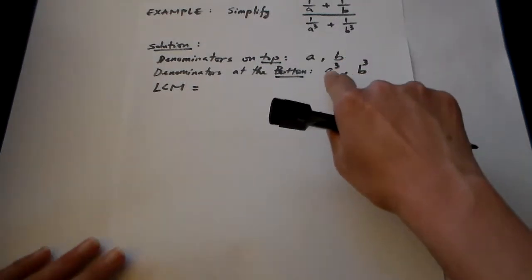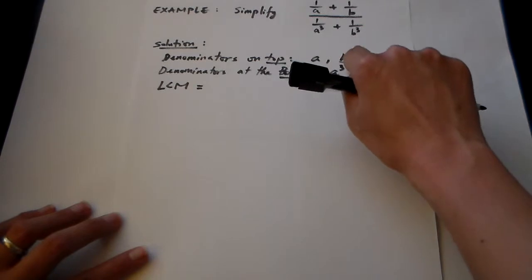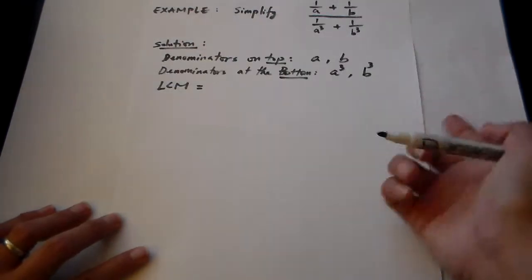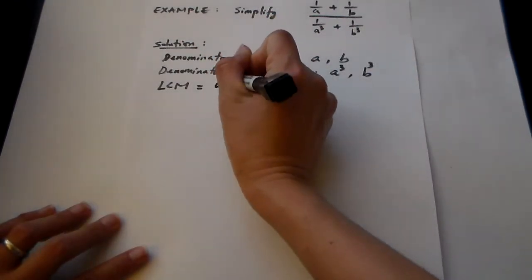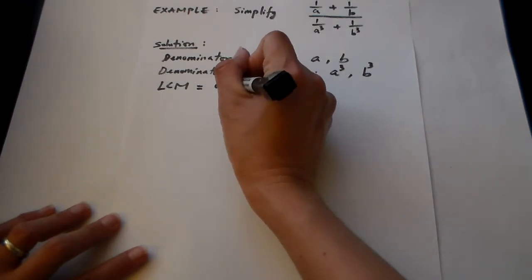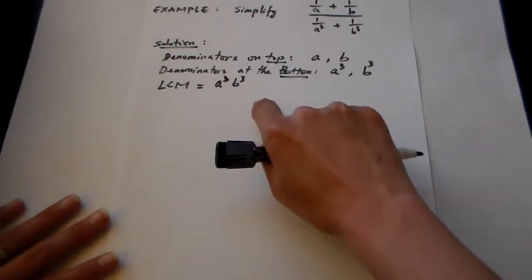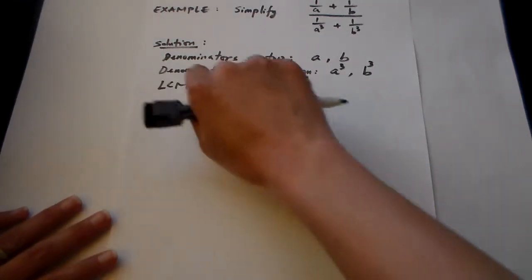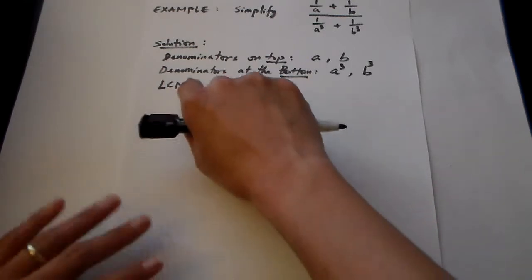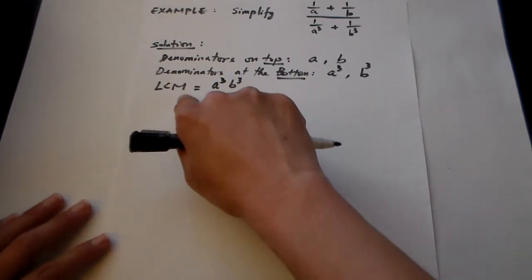You know that a to the third includes a, and b to the third includes b. So the LCM must be a to the third times b to the third. If you have questions about LCM, please review the concept of least common multiple.